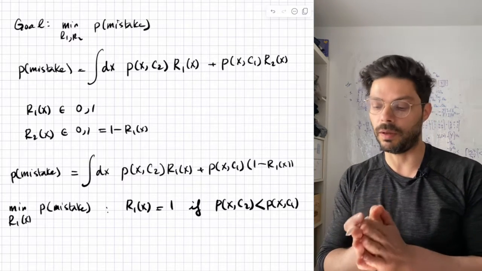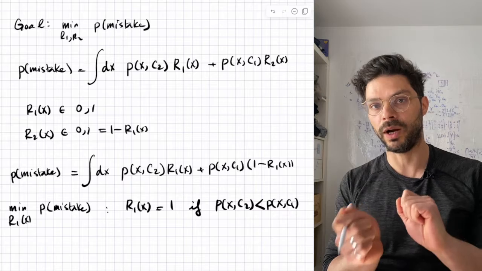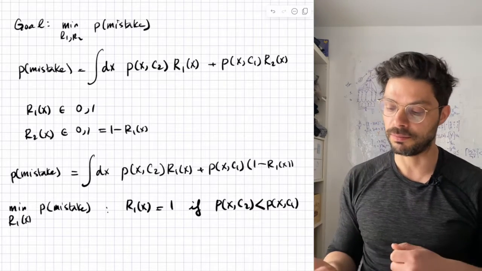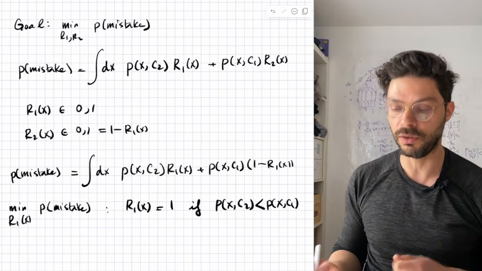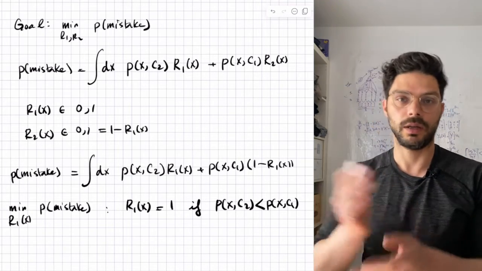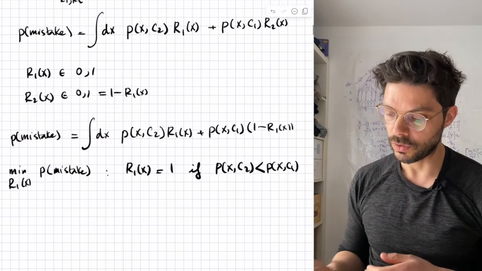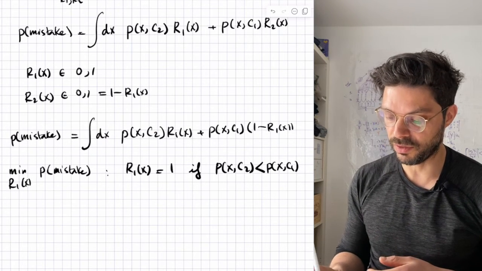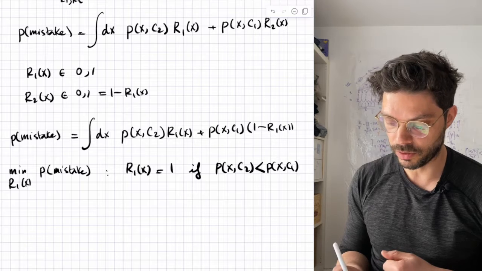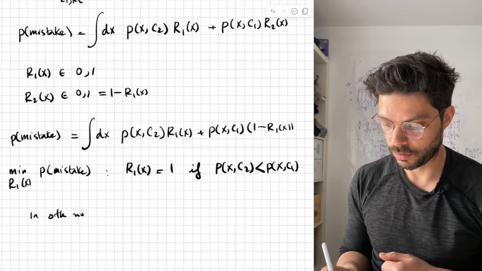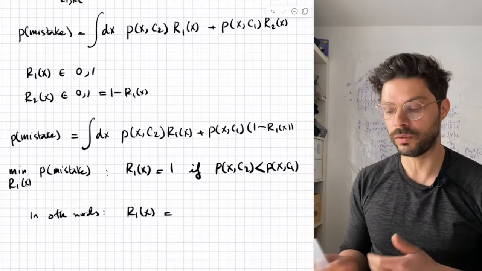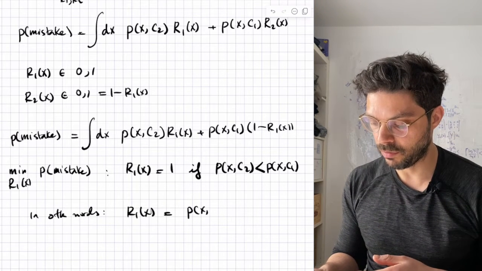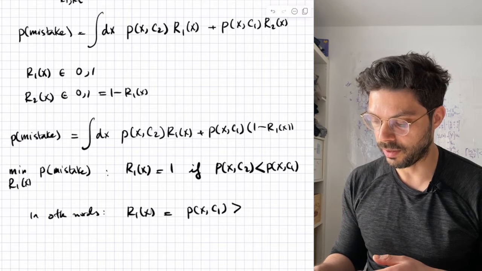R1 is basically a switch, and we want to switch in such a way that it picks the smaller one: it's 1 if P of x and C2 is smaller than P of x and C1, and vice versa. So in other words, R1 of x is equal to this decision: P of x and C1 is greater than P of x and C2.